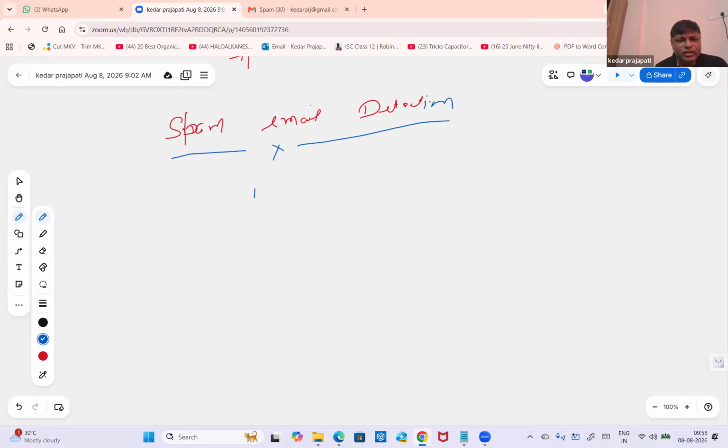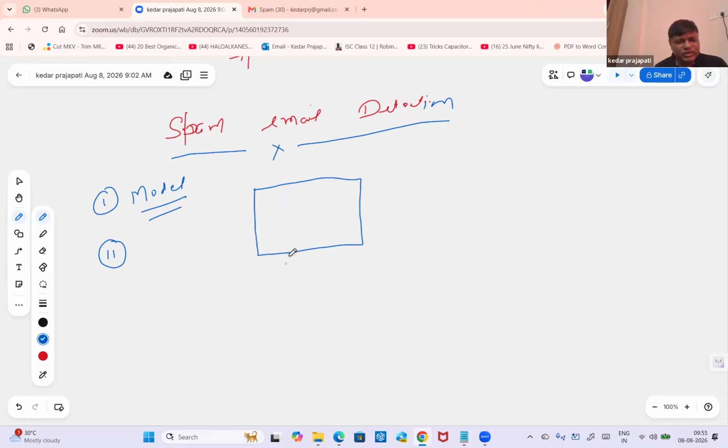We will be designing a small algorithm, which means we have to design a model. If linear regression is fine, then we'll do linear regression. Otherwise, we will go for some other model.